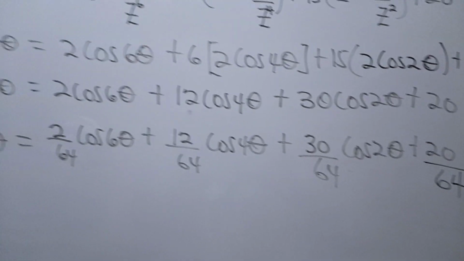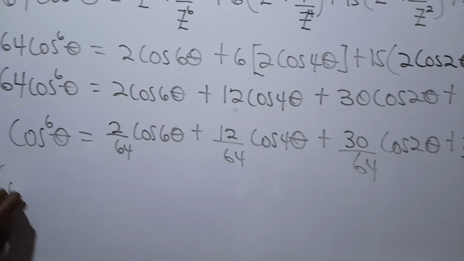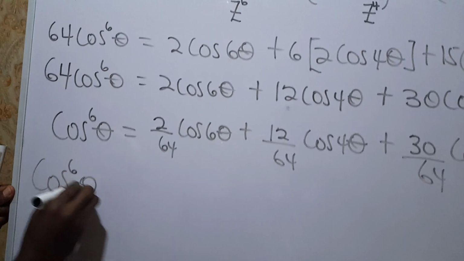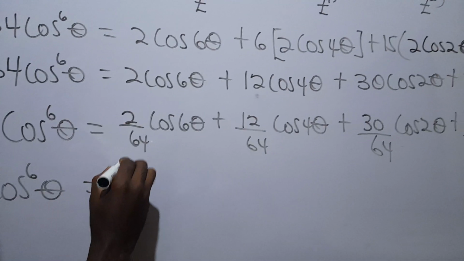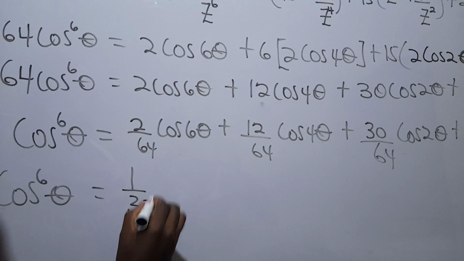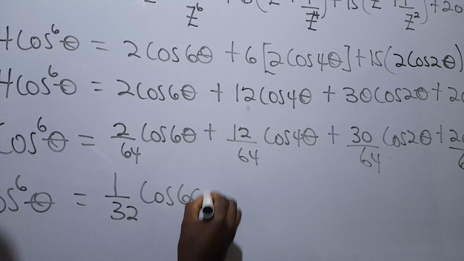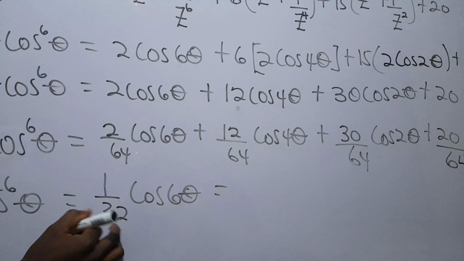We are dividing through. So we can reduce this. Cos^6 theta will be equal to, this will give us 1 over 32 cos 6 theta. I want all of them to have a denominator of 32.